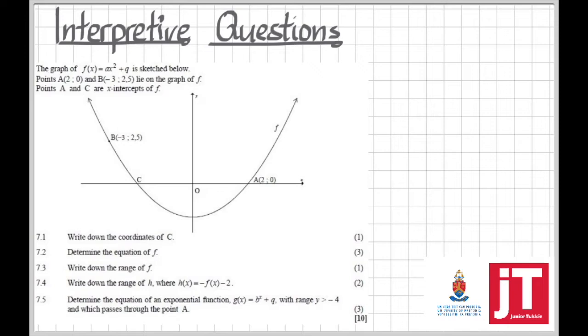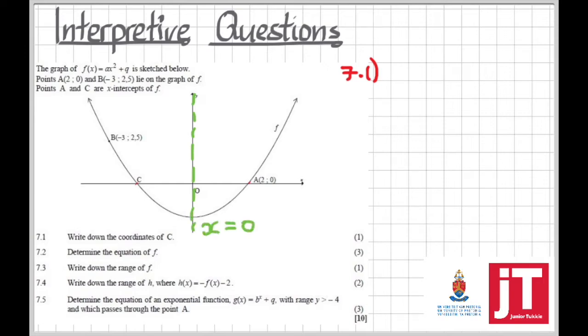If a question says write down, and it's a one-mark question, there is no need for you to show any working. You just write down the answer. But just to give a bit of theory and understanding for those of you that might struggle, I'll start by drawing the axis of symmetry of that graph, which we know at grade 10 is always x equals 0.